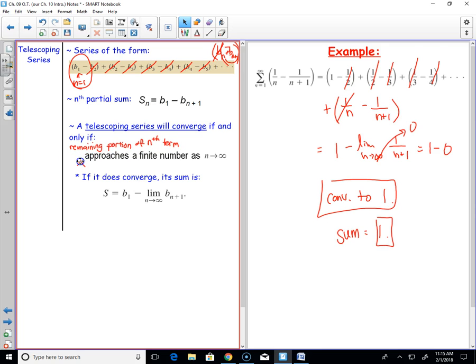We'll do that. The remaining portion of the nth term approaches a finite number as n approaches infinity. We'll put it that way.